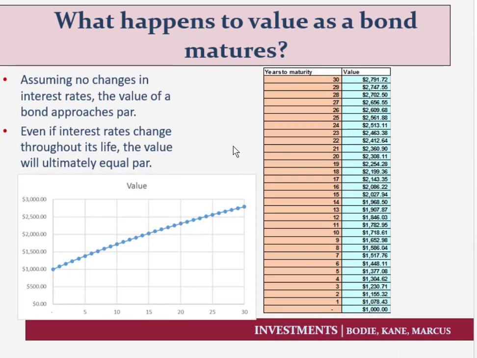So even if interest rates change, though, this value is going to change over time. But eventually, regardless of whether it starts at a discount and moves up or vice versa, it's always going to end up with a value of $1,000. Again, that's one of the things that attracts investors to bonds. They want the income. They want that cash flow. So what is an investor going to do when the bond matures?